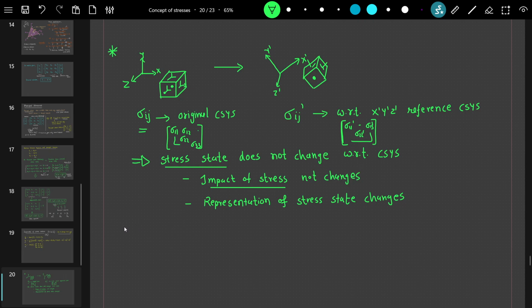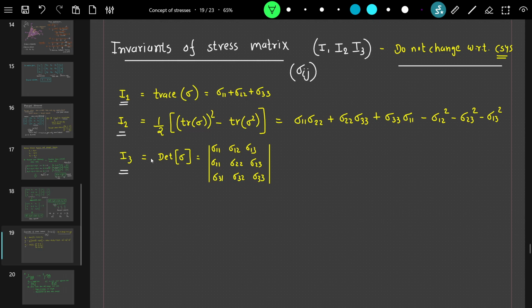Now we are talking about invariants. Let's take these two coordinate systems. Now we have these nine stress components and those nine stress components. When we find I1, I2, I3, these are the invariants of the stress matrix.